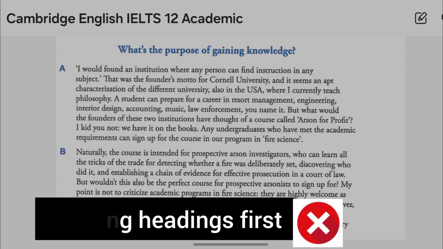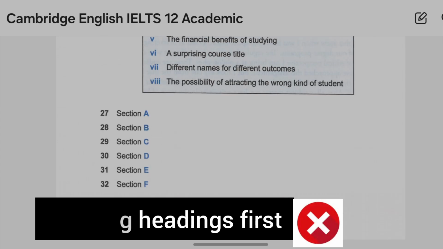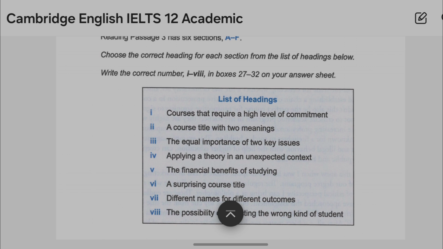That is a completely wrong approach, because when you read the headings first, a few of the words get stuck in your brain, and then your brain starts searching for those words in the sections, which automatically makes it more confusing and difficult to assign a heading to a question.